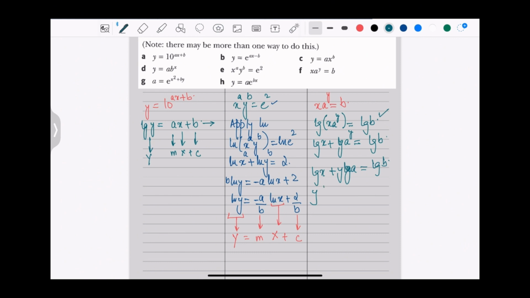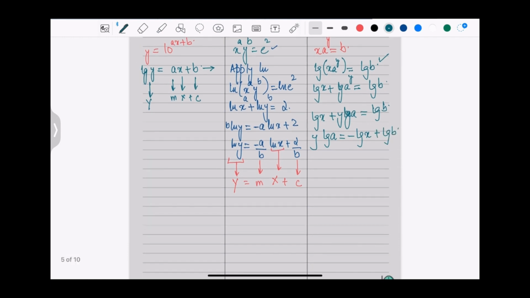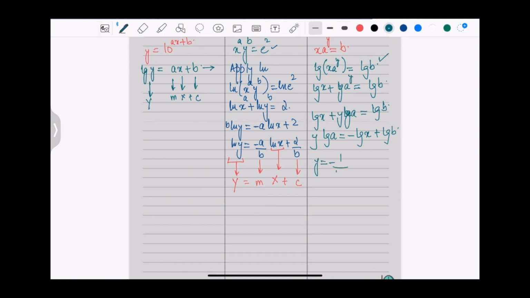Now y lg a equals minus lg x plus lg b, and y equals minus 1 over lg a, lg x, plus lg b over lg a.